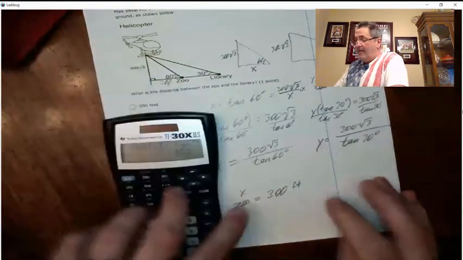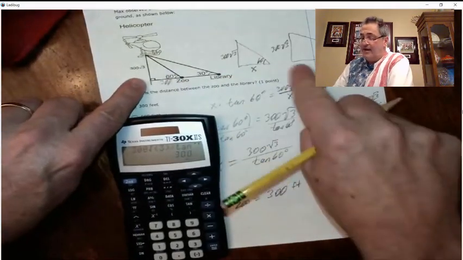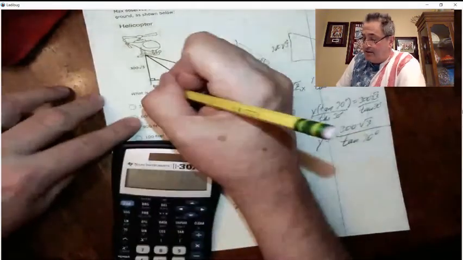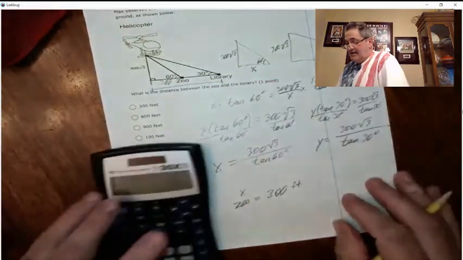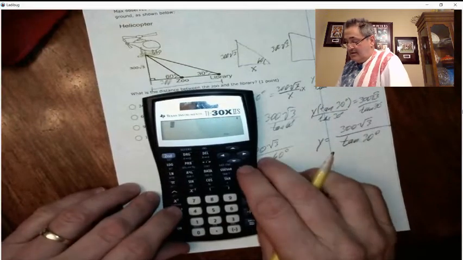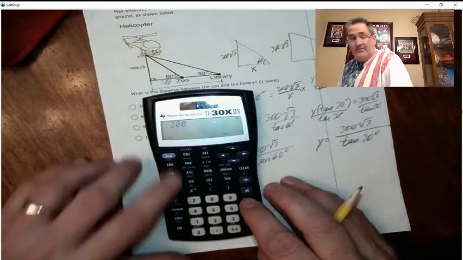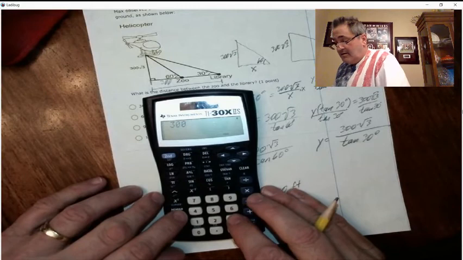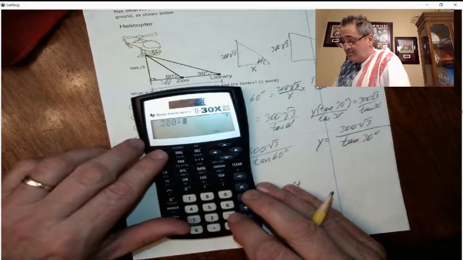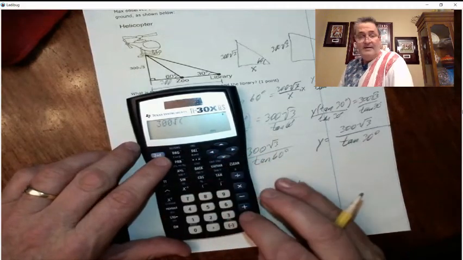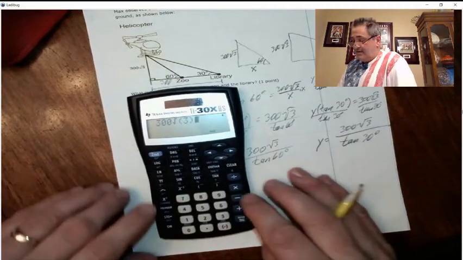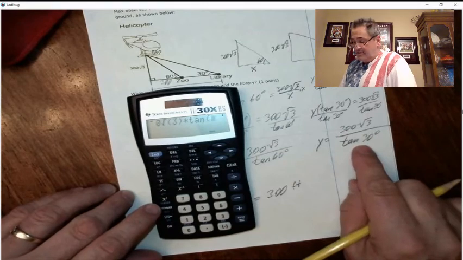How about the library from the helicopter? Remember, it's y, it's from the helicopter. So it's this whole distance right here. How far is all of this distance? It is 300 square root of 3 times the tangent of 30 degrees this time.